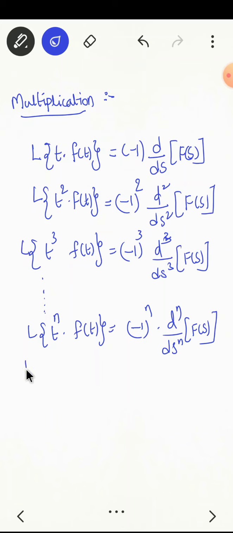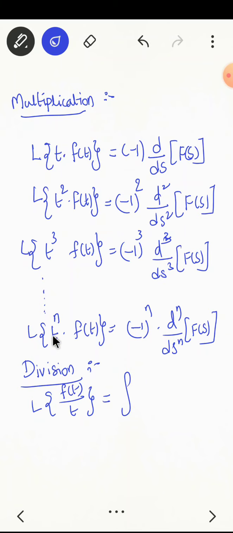Let's suppose you have some problems related to division by t. If you have some function which is divided by t, then if it is multiplication you do differentiation, if it is division you have to do integration from limits s to infinity of f of s ds. First find f of s, then apply integration.